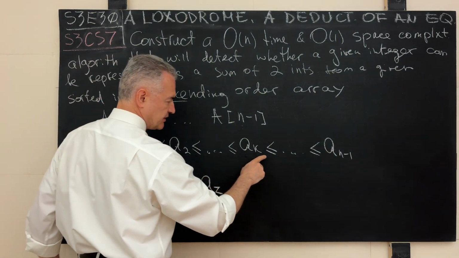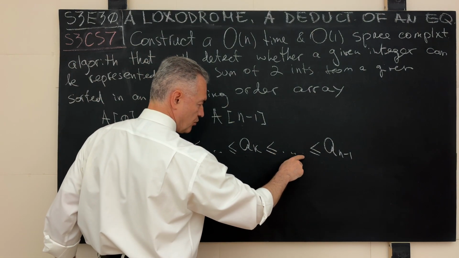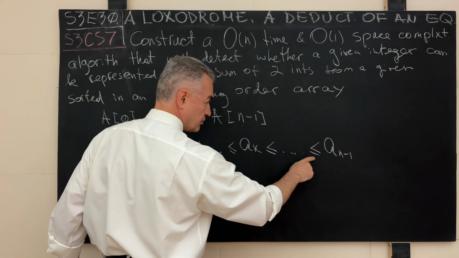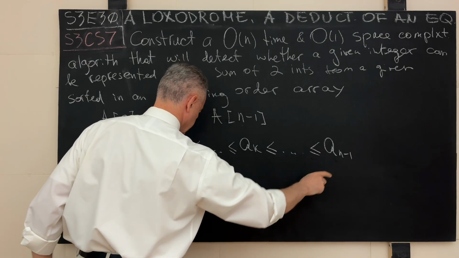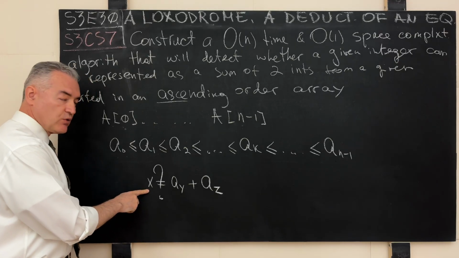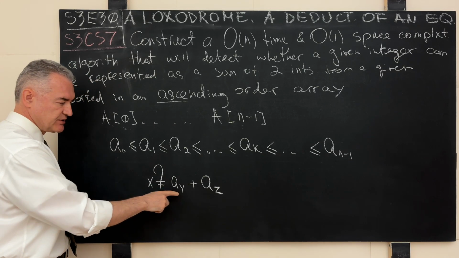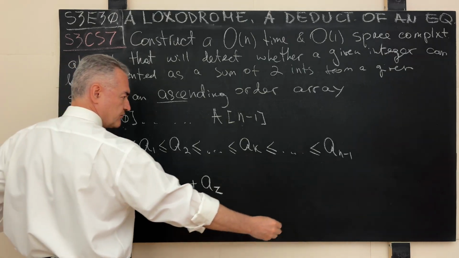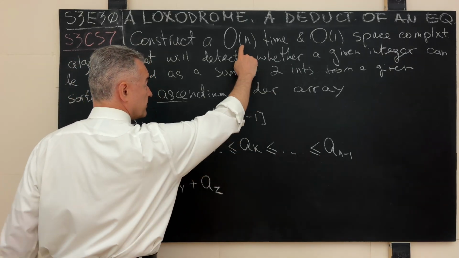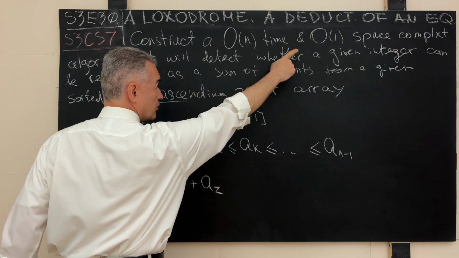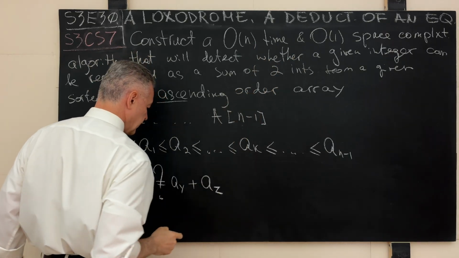AK is less than or equal to AK plus 1, and so on. AN minus 2 is less than or equal to AN minus 1. Under these conditions, we want to check if the given input integer x can be represented as a sum of two integers taken from this array. Again, big O of n time, big O of 1 space complexity.